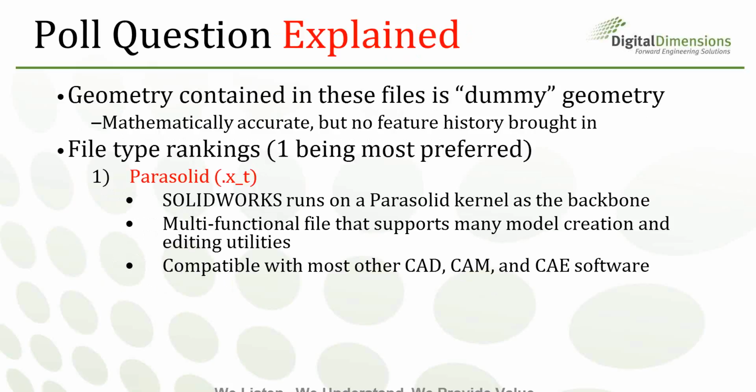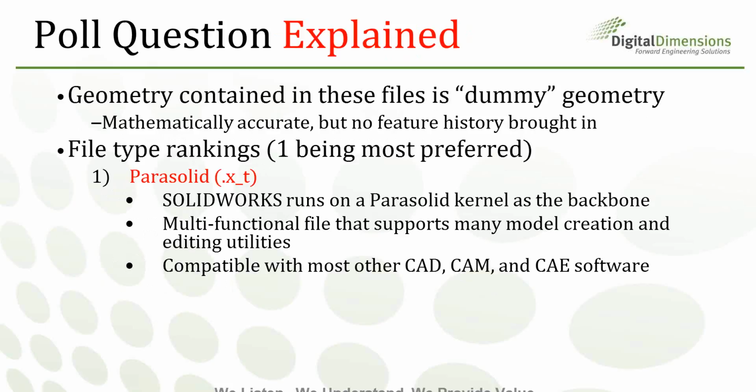The rankings that I made here came after doing some research and with my experience. There is some debate online. If you go on the forums and look around, you'll find a lot of debate on a few of the files, mostly between STEP and IGES. But basically what it comes down to is that with SOLIDWORKS, Parasolid is the most preferred file to bring in. That is because SOLIDWORKS runs on a mathematical backbone that is a Parasolid kernel.